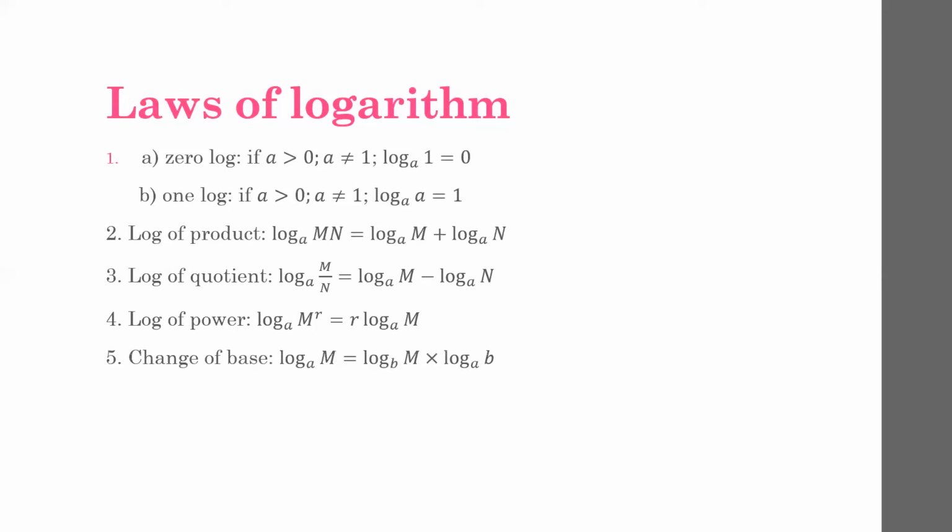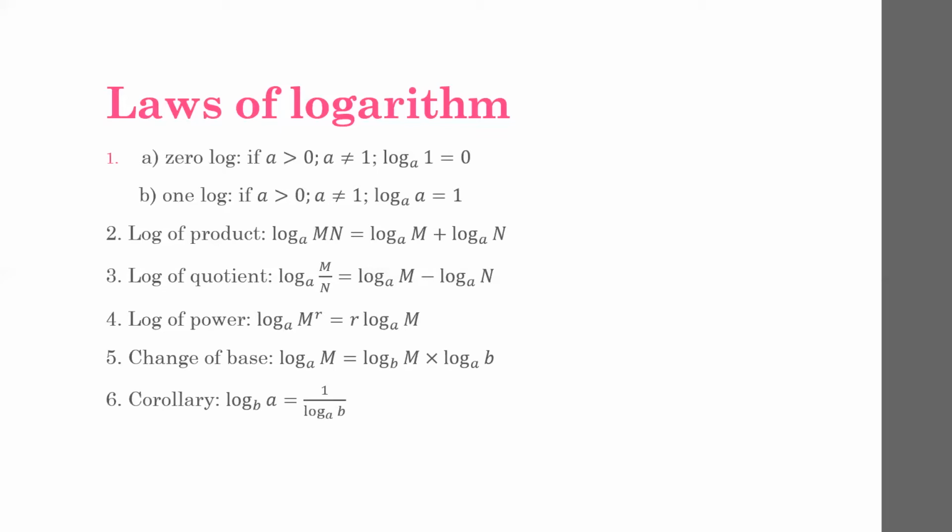Next one is change of base. We can change the base of the given logarithm if we want, and this law is for that. Log a based m equals log b based m into log a based b. That is, we have introduced a new base b. So log b based m into log a based b.